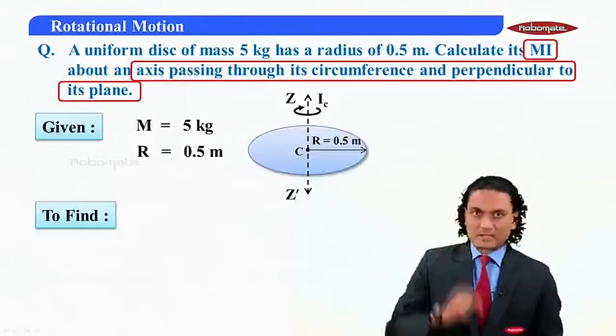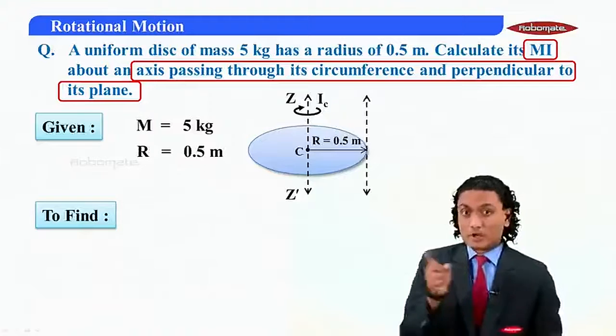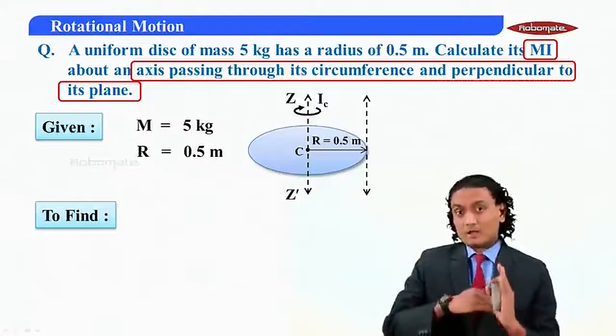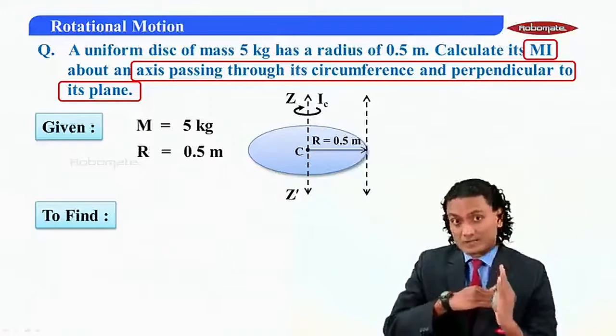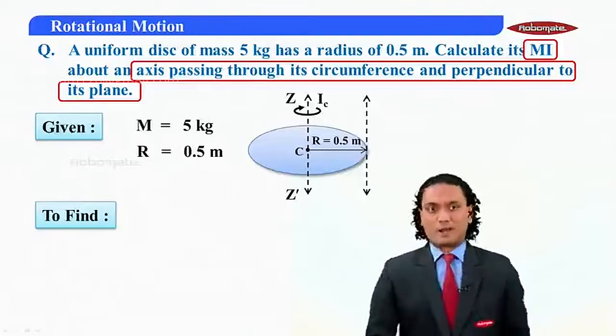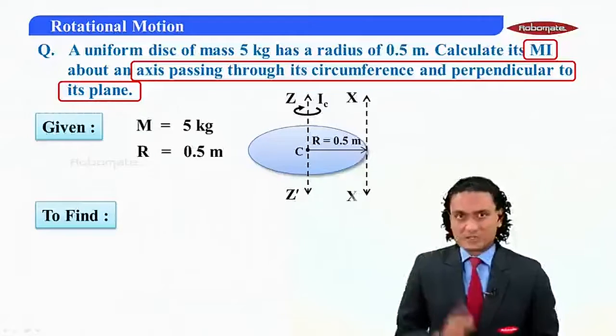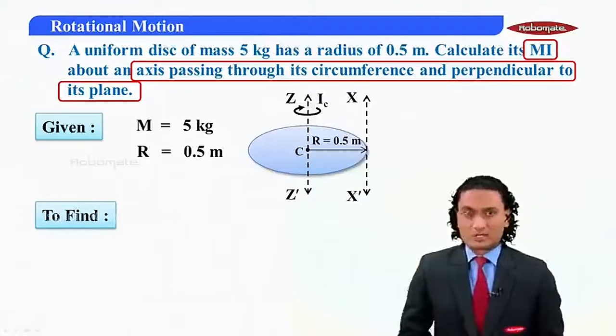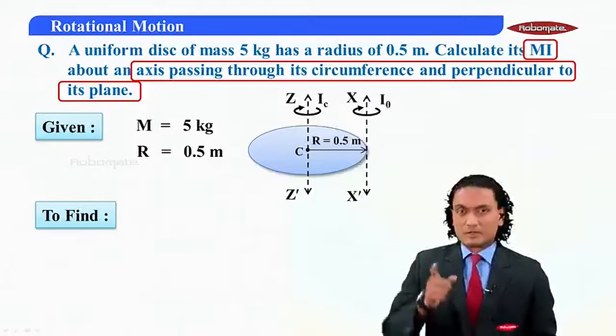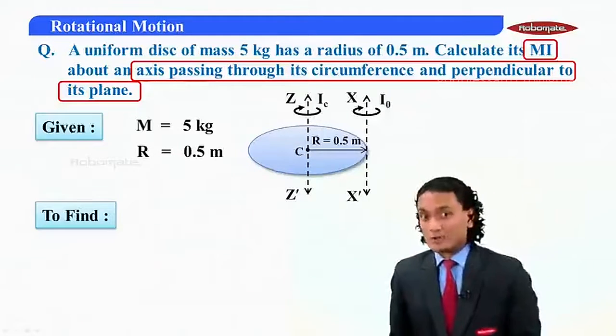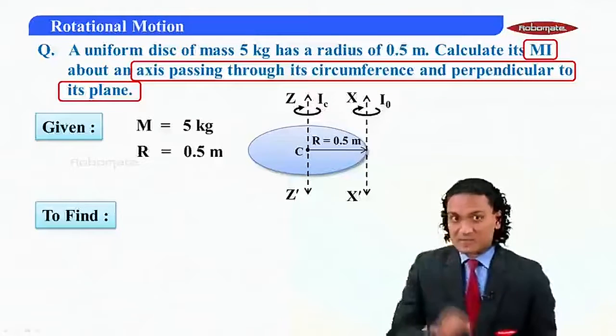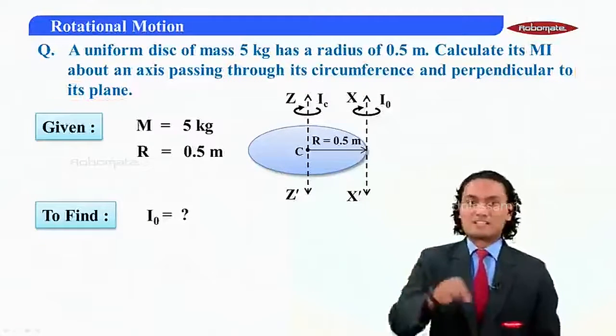Now let me consider one more point on the circumference and draw an axis passing through the circumference of the disc and perpendicular to the plane of the disc. This axis is XX dash, and if the disc rotates about XX dash, then its moment of inertia is I naught. See the question, circumference. So we need to calculate I naught.